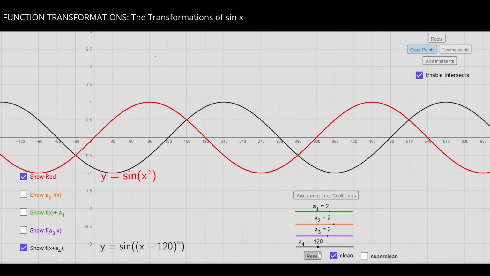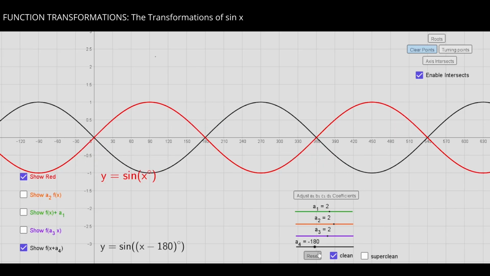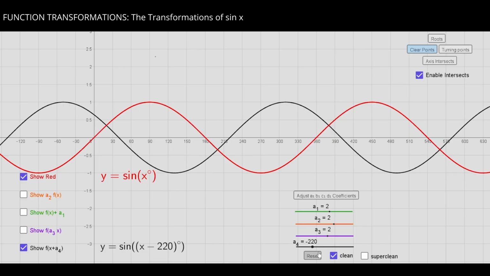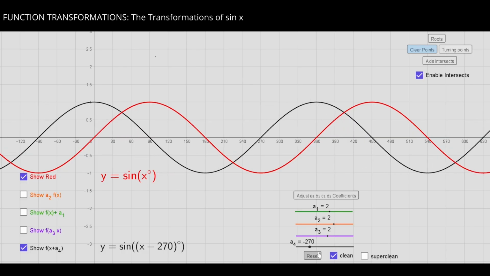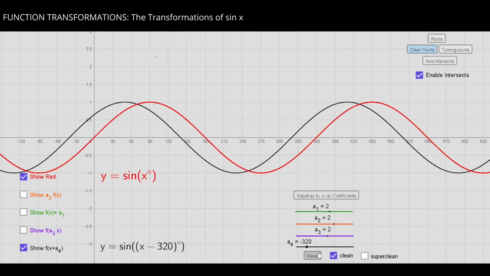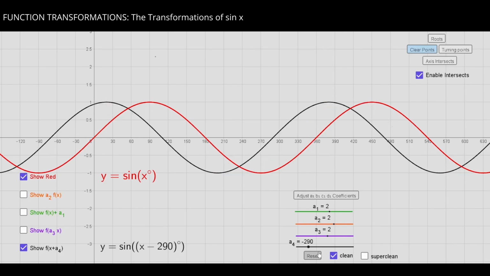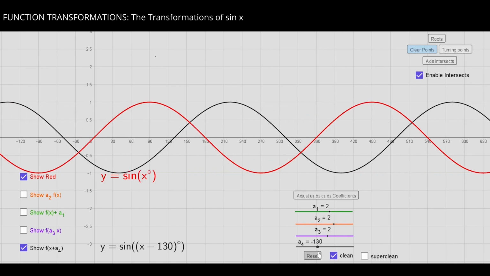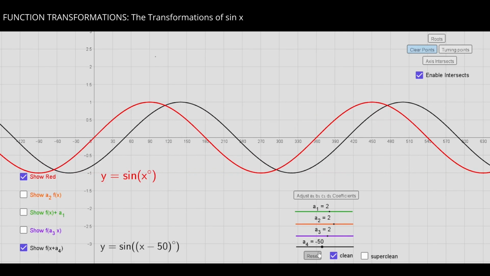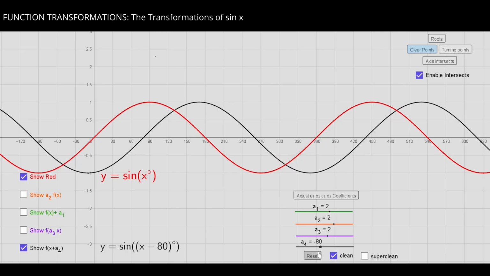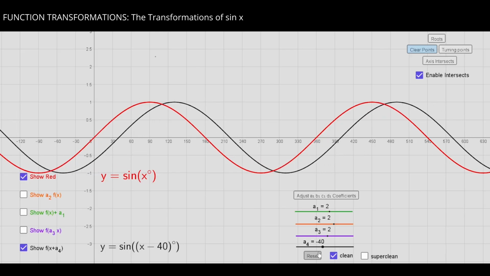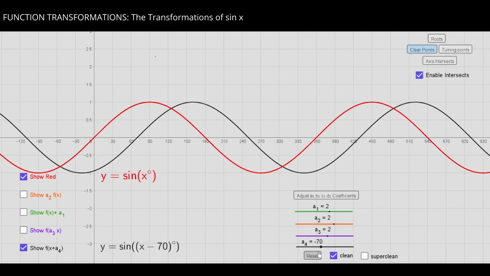So if I keep on increasing that negative amount, I will eventually shift the whole curve one cycle, and it will sit on top of the original curve, but now one cycle out of place. So those studying physics would see that as phase, a phase difference between the two waveforms.